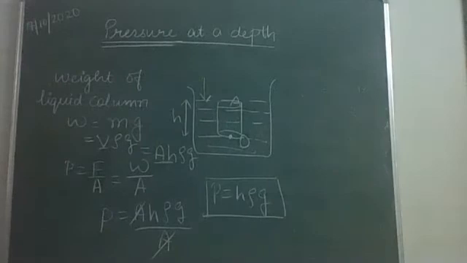So pressure at a depth is given by h rho g. Is this small derivation clear to you? We were using this formula to find the height of the mountain yesterday. So it was applicable there also, and specifically it is for liquids, where liquid columns are concerned.